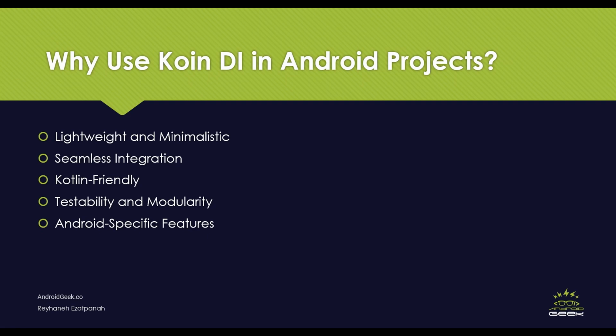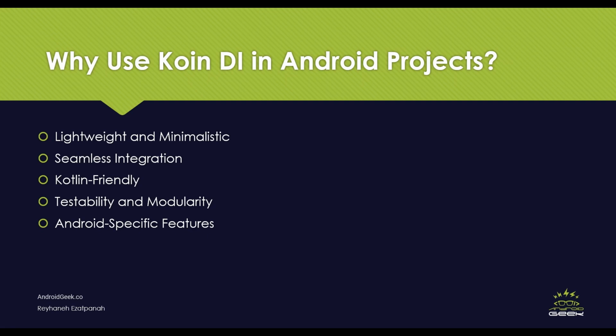It utilizes Kotlin's powerful features, such as DSL, domain-specific language, to present a compact and impactful syntax. The absence of reflection and runtime proxies results in faster startup times and a similar memory footprint.